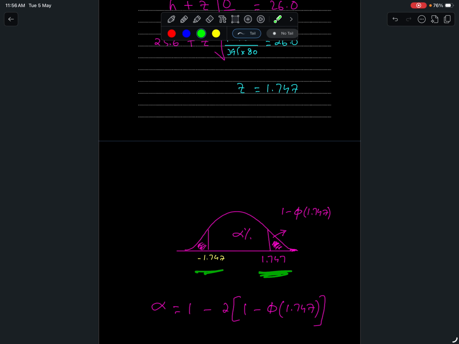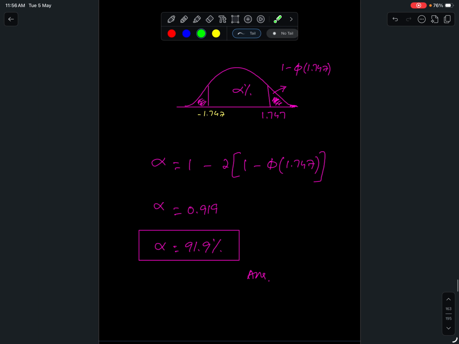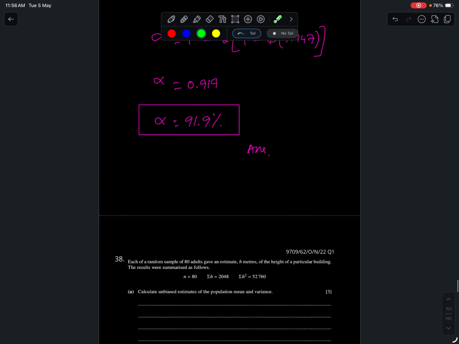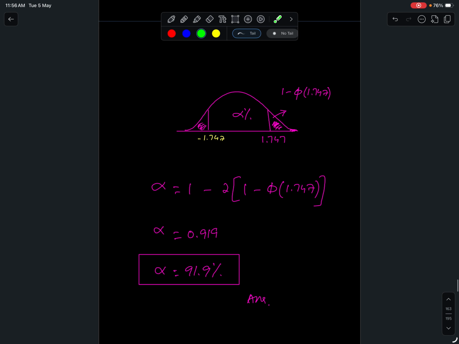Write this here and here. This is alpha%. So get this area, 1 minus 5, both areas are the same. So alpha is 1 minus this and this, so 91.9%. Write this in this way.